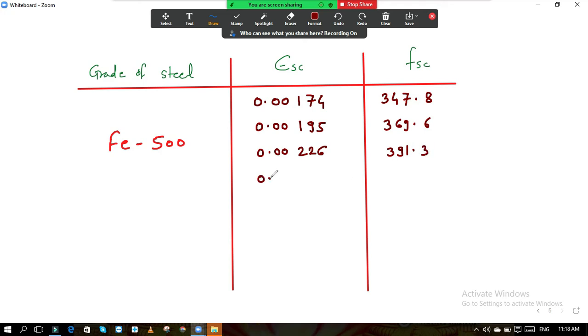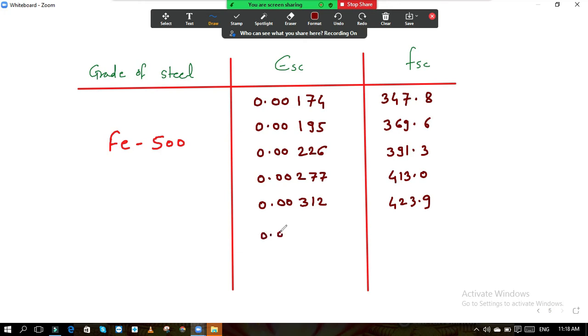Then if it is 0.00277, it is 413.0. Then again at 0.00312, it is 423.9.